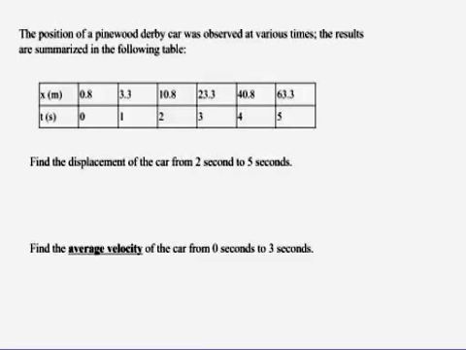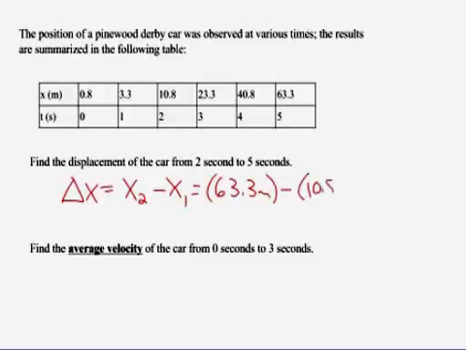So the first thing that we want to find is the displacement of the car from 2 seconds to 5 seconds. So displacement is the change in position. And so we need to look at the position at 5 seconds, 63.3 meters, minus the position at 2 seconds, which is 10.8 meters.